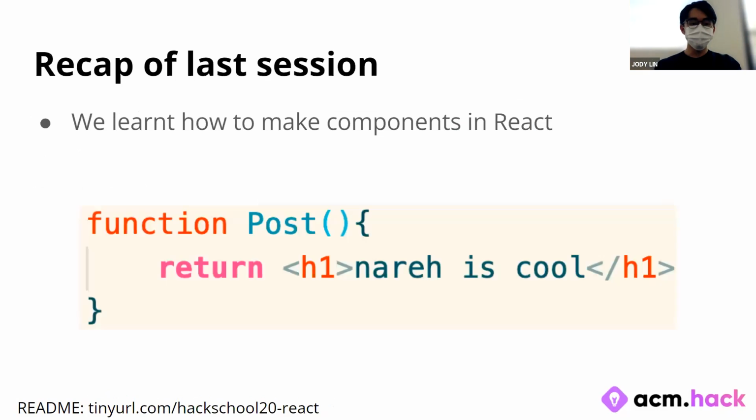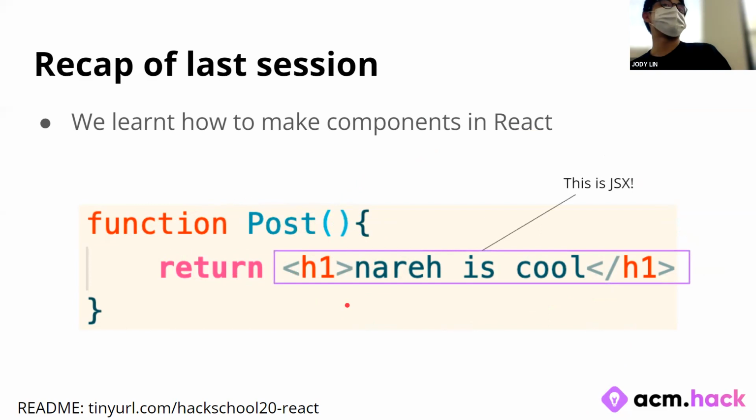So just a little recap of last session, if you were here. Basically, if you remember, we learned how to create a React project using npx create-react-app, and we learned how to make components. We could make a post, and then use it to return something that looks like HTML, and it's actually JSX.